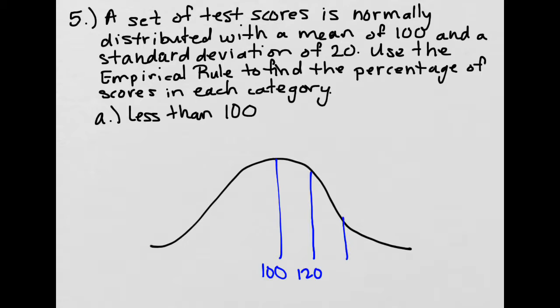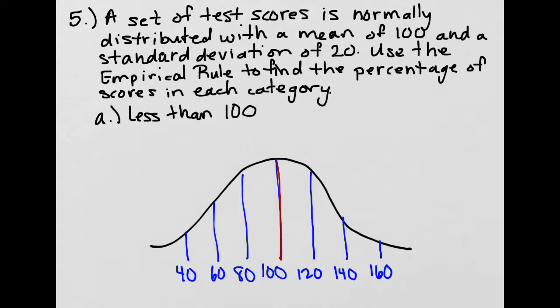If we go up another one, that's 140. And lastly, third up is 160. If we go the other way, 100 minus 20 is 80, minus 20 is 60, and one more, minus 20 is 40. Okay, and again, this center line, that's the mean.